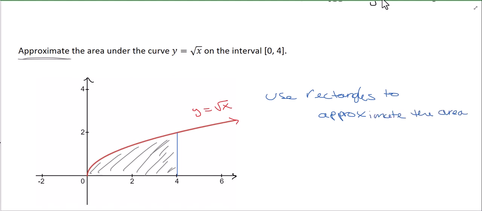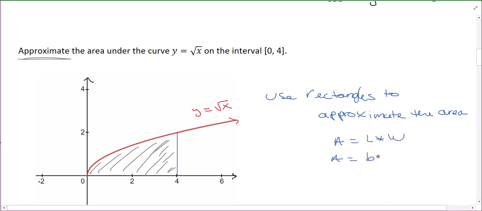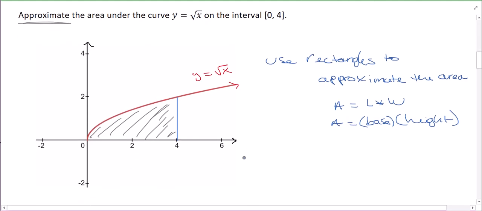The area of a rectangle is length times width, or sometimes we can also think of it as the base of the rectangle times the height. It's a little bit easier to think of a rectangle than having to use, say, triangles or trapezoids or any other geometrical shape. We want to use a geometric shape whose area we can find fairly easily and then use that to approximate the area under the curve.